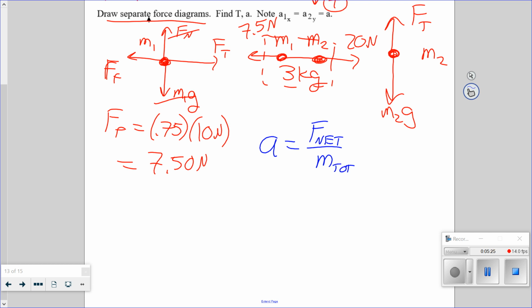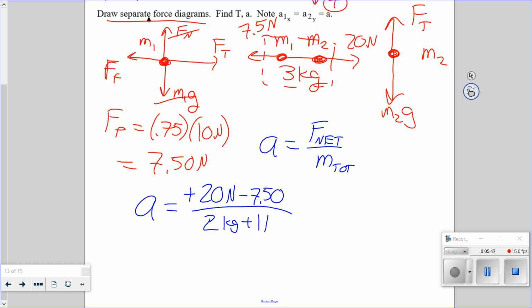Newton's second law. Write the equation, and then you can plug in your forces, whether you want to say m2g or 20 newtons. I've got plus 20 newtons minus 7.5 over, I actually want to write 2 kilograms plus 1 kilograms. So I have the given information, I have plugged in.